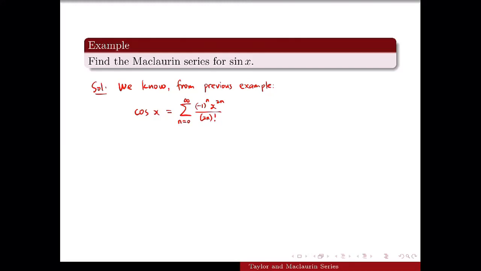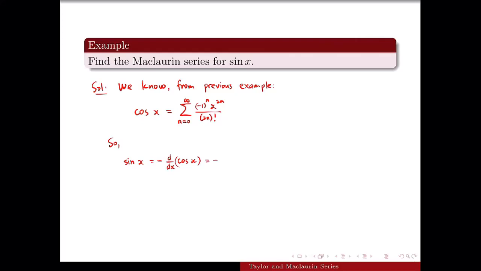Okay. So sine x, this is equal to the negative of the derivative of cosine x. If you get the derivative of cosine x, that's negative sine x. Multiply by negative 1, you will have positive sine x.